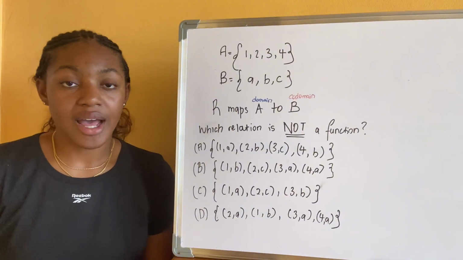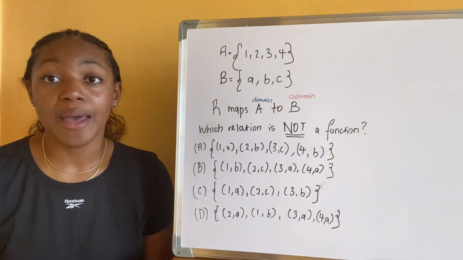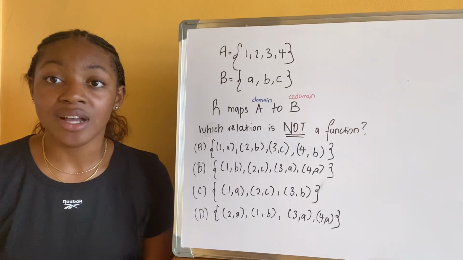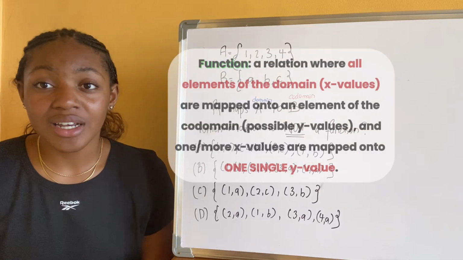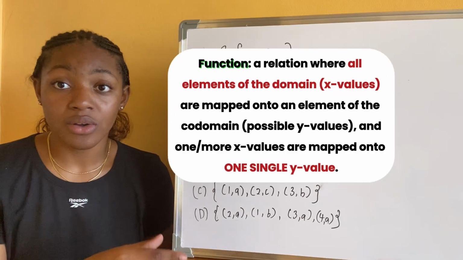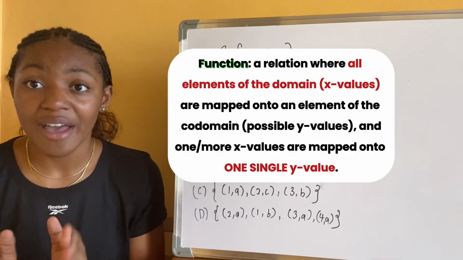Here's our question, and we're told that R maps A to B. So that means A is our domain and B is our codomain. So we want to know which of the following is not a function. A function is a relation where one or many x values map onto one single y value.